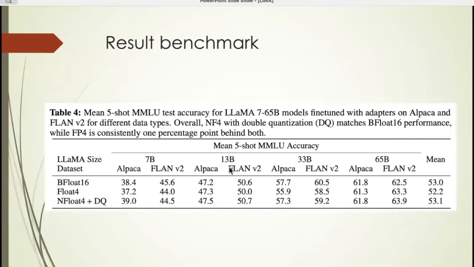So this is another benchmark, on language understanding accuracy. And then they again scale it up, from 7 billion to 65 billion. They compare different quantization strategies, like the original precision 16-bit, 4-bit, or the normal-aware float 4 and double quantization.